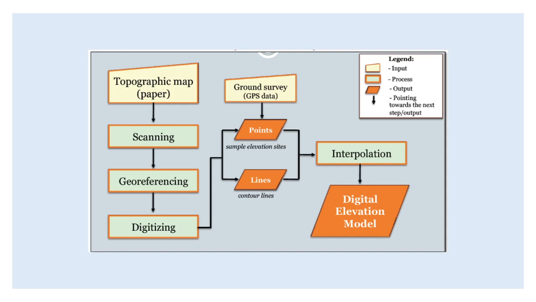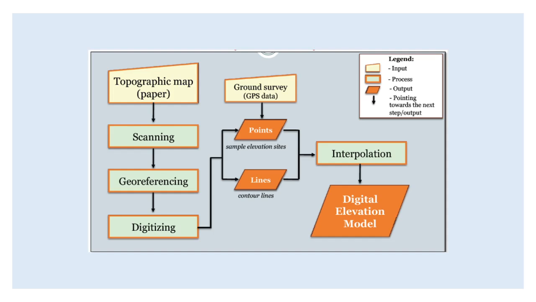So what we do is we scan this topographic map, then you get an image of that, right? That image we will georeference, which has been discussed in the previous sessions. Georeferencing is basically finding some common points that you can see on the scanned copy and on an actual georeferenced map like Google Maps. So you establish some ground control points, the same points that you can see on this map and also on the reference map which is already georeferenced.